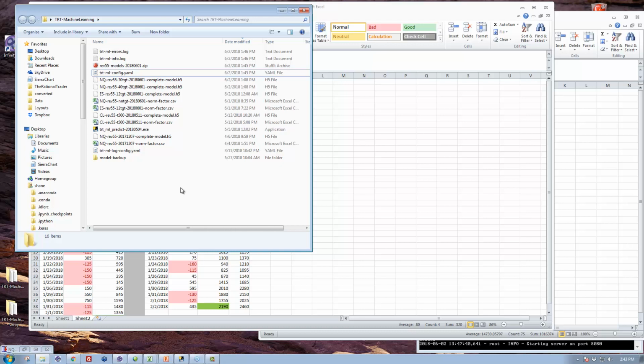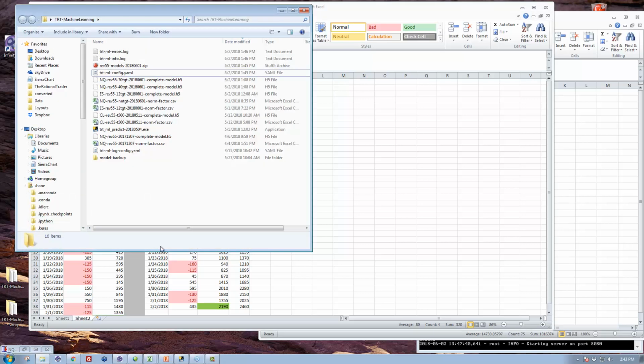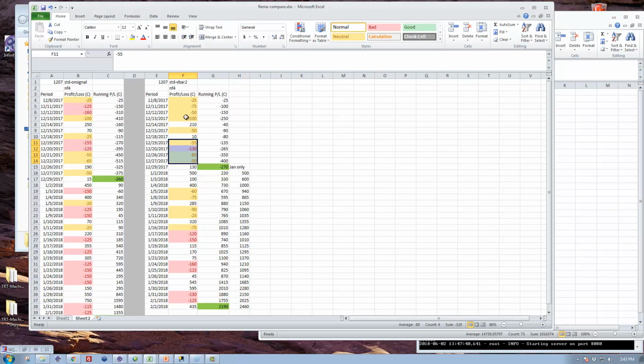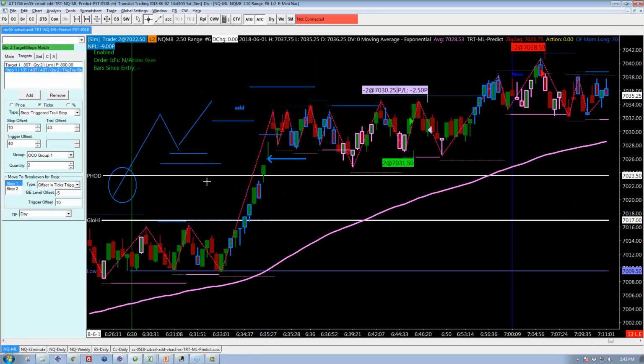What are your target and stop settings, Jim? I use a 10 tick stop and an 80 tick target with a 40 tick trail. Hang on, let me bring it up and I'll show you exactly. Here it is. Now I used to use a 20 tick trail, an 80 tick target, and my problem was I kept getting stopped out just as the market was pulling back.